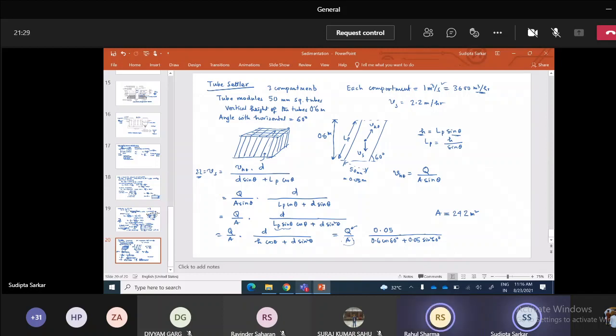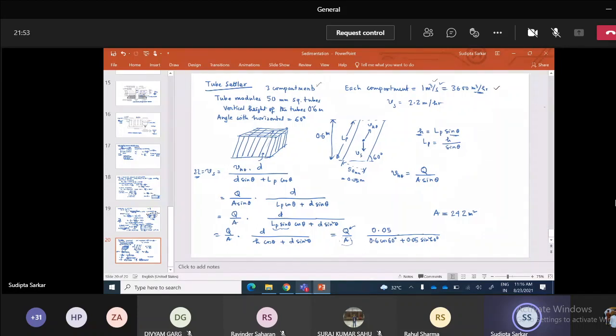So this is what we decided. We had 3 compartments, and each compartment would have 1 meter cube per second, so you have 3600 meter cube per hour. And we calculated that the settling velocity of these particles is 2.2 meter per hour.